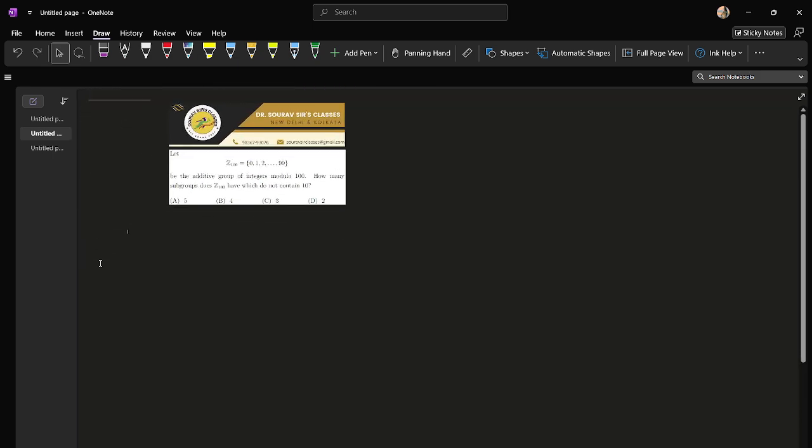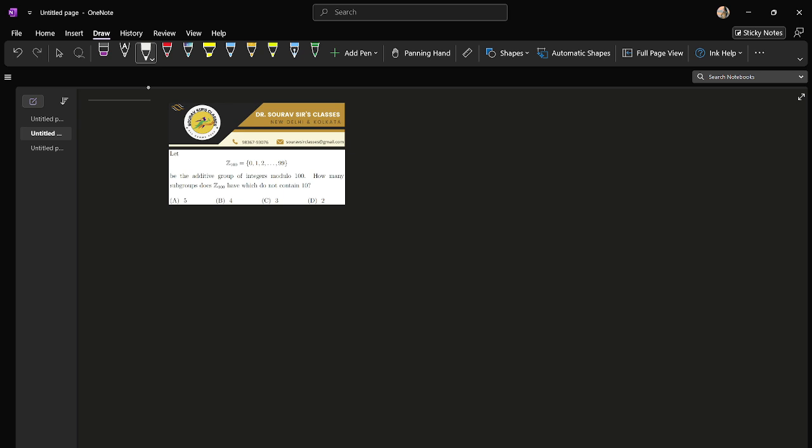Okay. So now what can be done here? We are going to determine the number of subgroups of Z100 that do not contain 10. Let's analyze the structure of Z100 and its subgroups. The group Z100 is cyclic, generated by 1, and its subgroups correspond to the cyclic subgroups generated by divisors of 100.